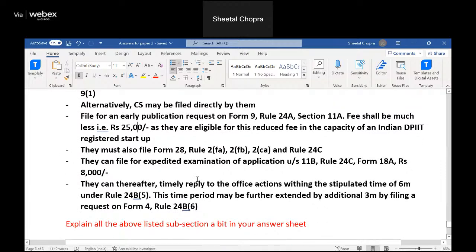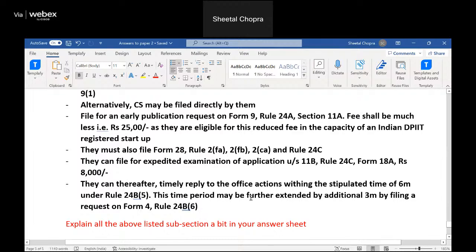They can file the expedited examination of application under Section 11B, Rule 24C by filing Form 18A and a fee of rupees 8,000. They can thereafter timely reply to the office actions within the stipulated time of 6 months under Rule 24B5. This time period may further be extended, if at all, by 3 months, on Form 4, Rule 24B6.